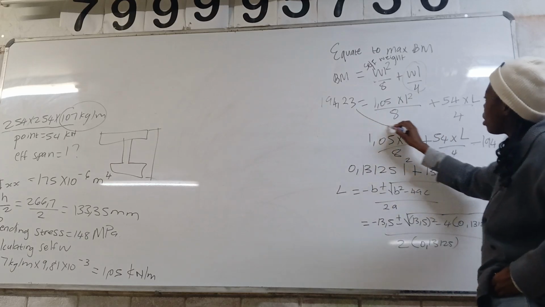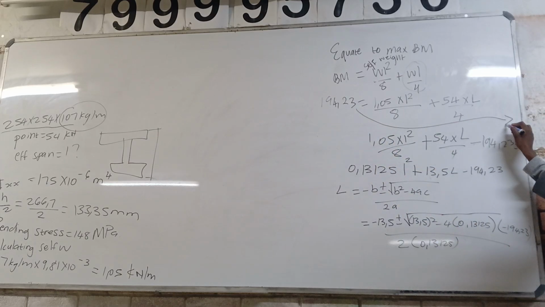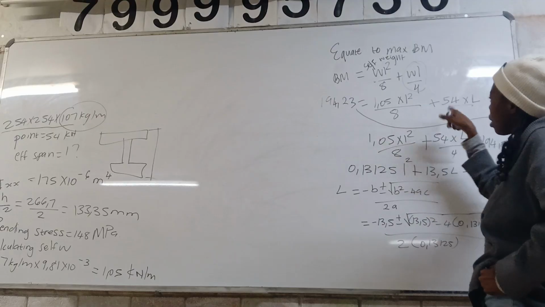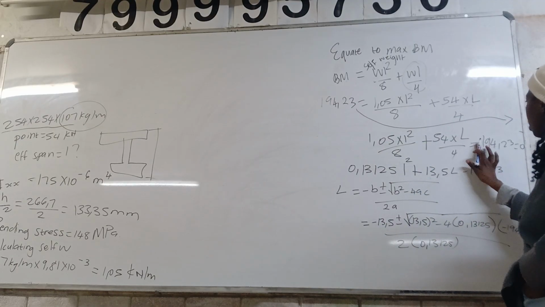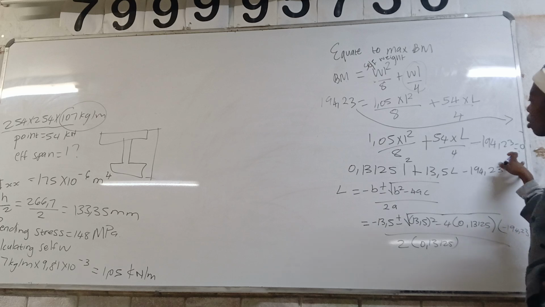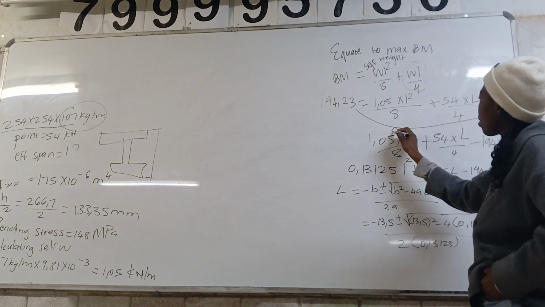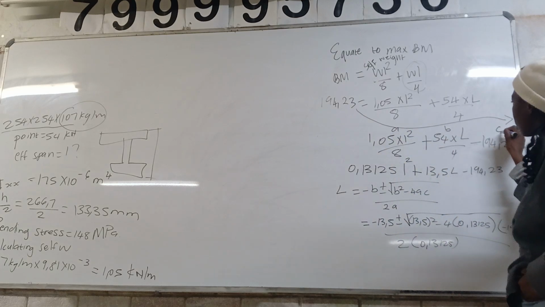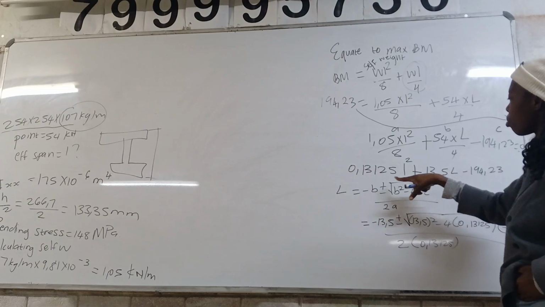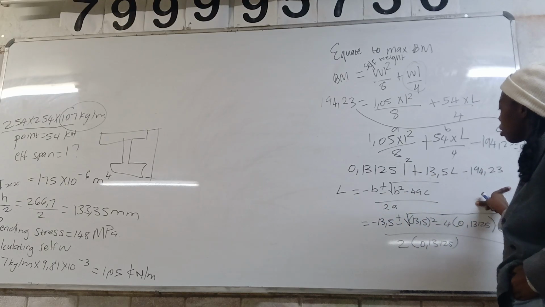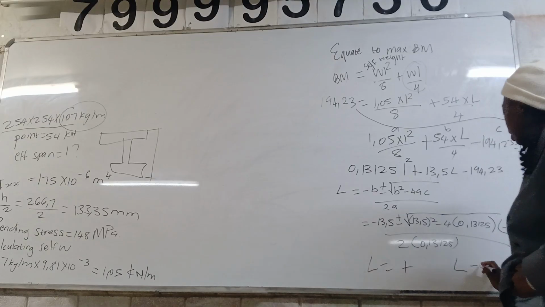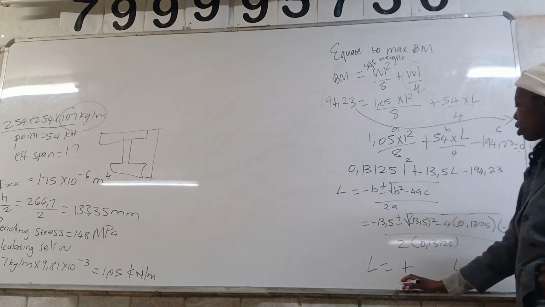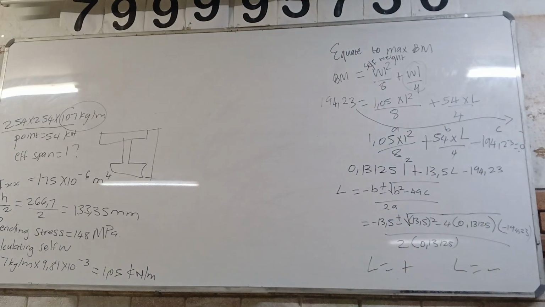You take the bending moment maximum to this side; since it's positive, when it jumps the equal sign it becomes negative, and you equate all of this to 0. This is our A, B and C. Simplify first before you introduce the quadratic formula, and you'll get L as positive and L as negative. You're going to take the positive one.